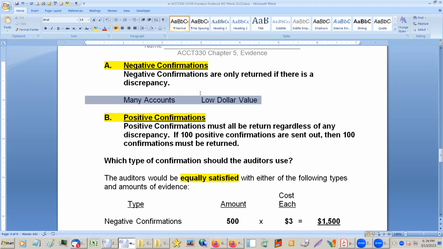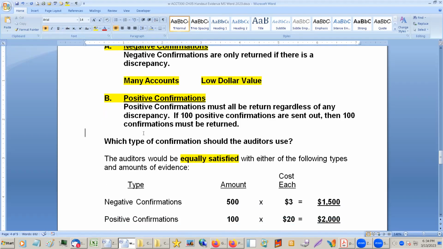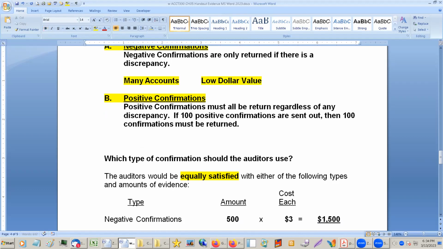So if they have many accounts and low dollar value, we will use the negative confirmations. And the positive confirmations are just the opposite. When there are few accounts and they are high dollar value.